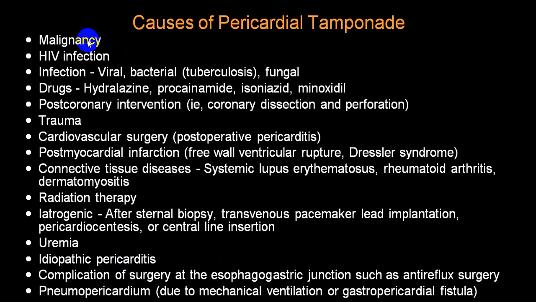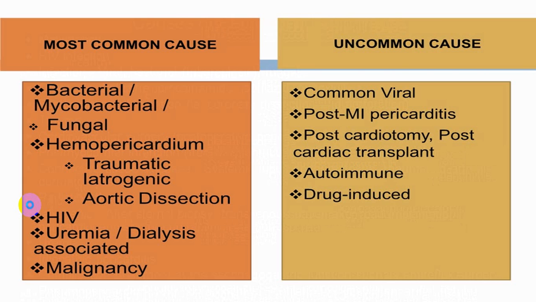But some of those are very common, like malignancy, post-surgical, traumatic injury, etc. The most common causes are bacterial, tubercular, hemopericardium, which can be traumatic, iatrogenic or aortic dissection, HIV, dialysis-associated uremia, malignancy, etc. These are some of the uncommon causes: viral infection, post-MI, post-cardiotomy or cardiac transplant, autoimmune, drug-induced, etc.